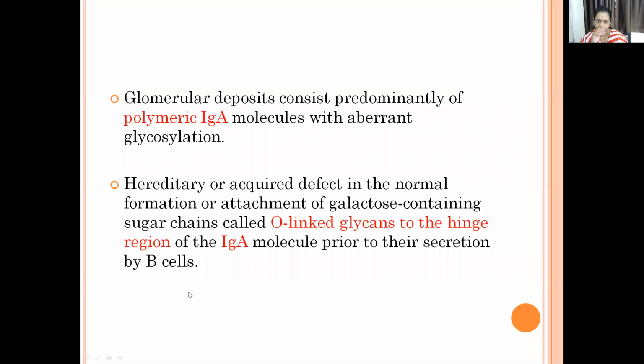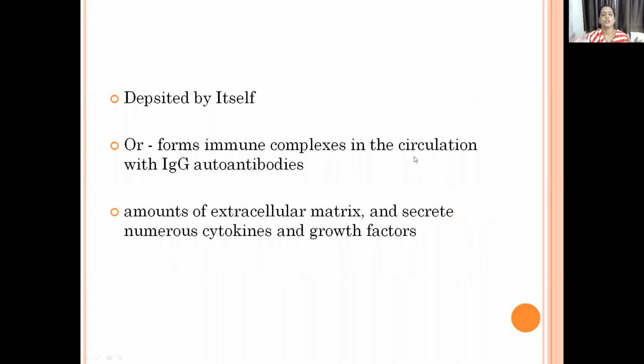Remember, immunoglobulins are secreted by plasma cells, activated B cells. Prior to their secretion, something bad is attaching to the IgA, to the O-linked glycan at the hinge region. So increased polymeric form and abnormal linkage of the galactose-containing sugar chain all occur prior to the secretion by the B cells, causing deposition of something which is not required.